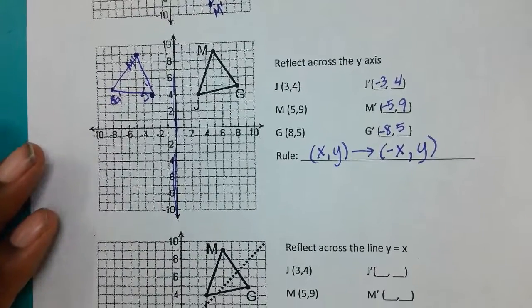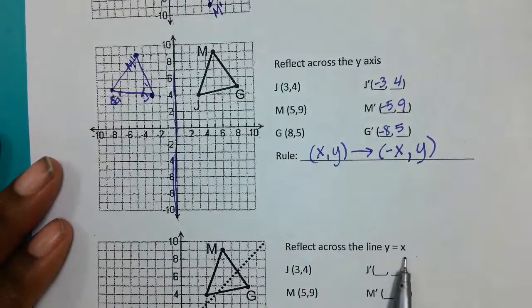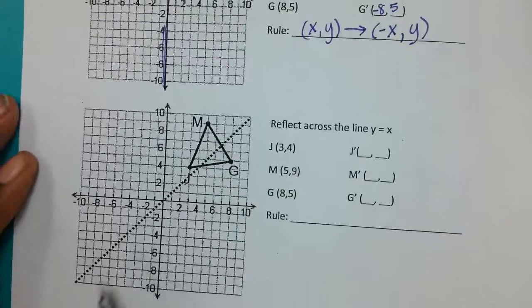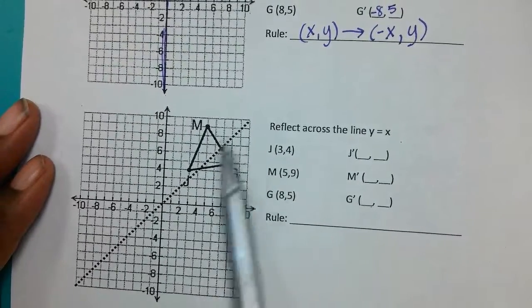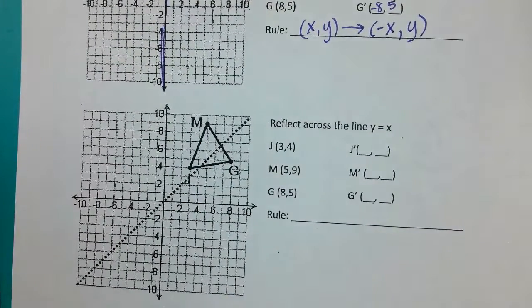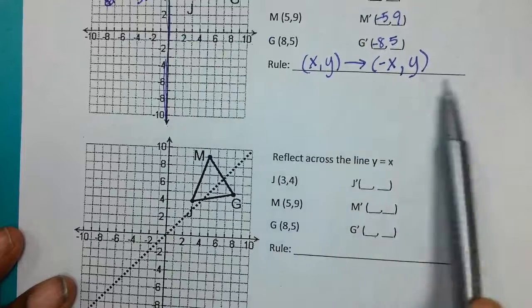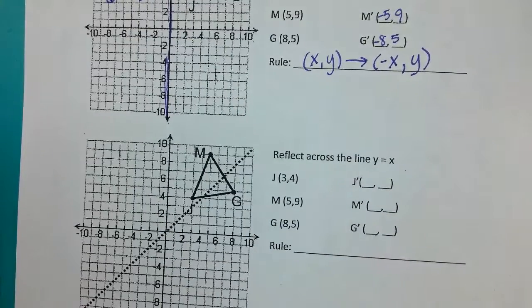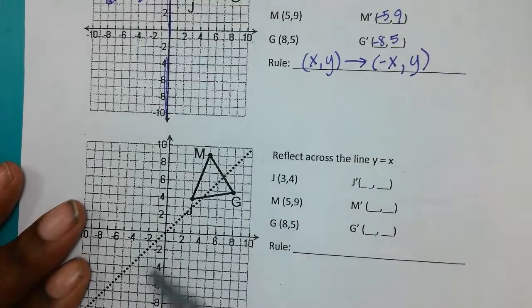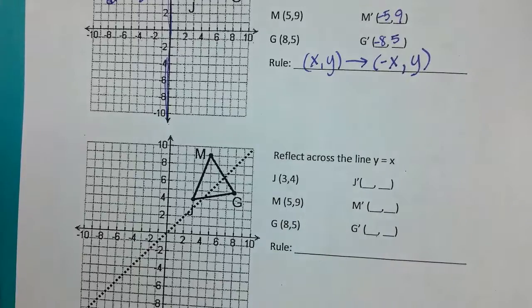Now, with y equals x, it's hard to do this reflection using just the graph. When I'm reflecting across my x and y axes, I tend to count more than I use my rule because I'm good at counting. But here I don't want to count, because you have to count diagonally and it's hard.